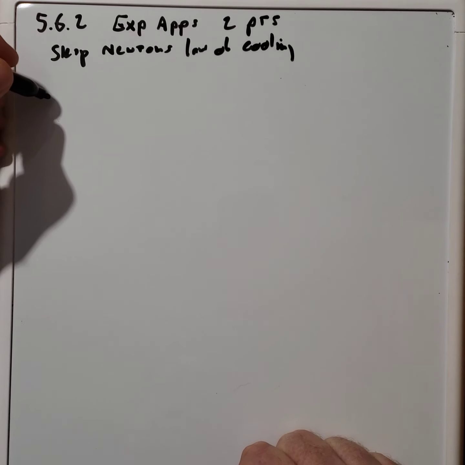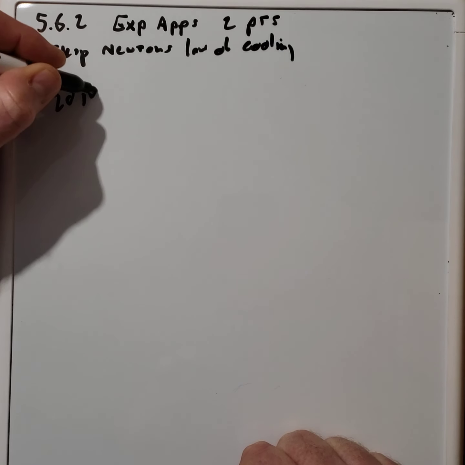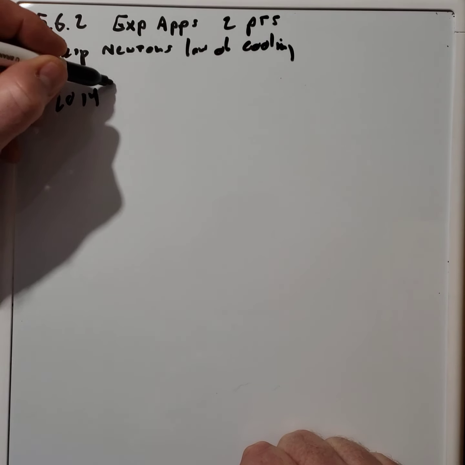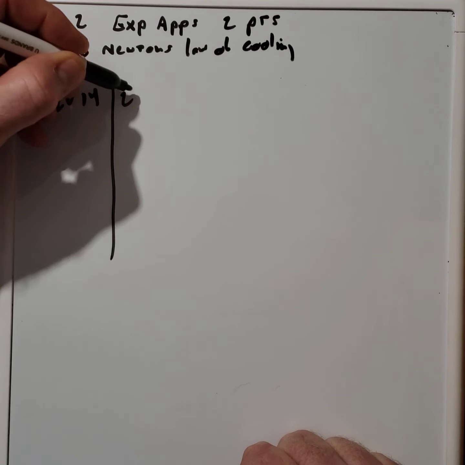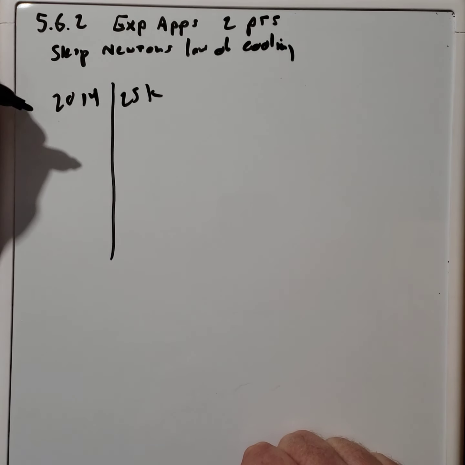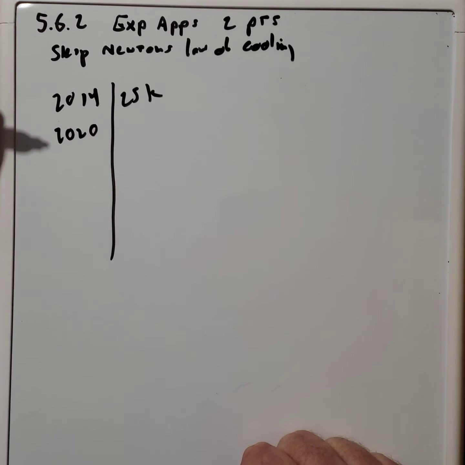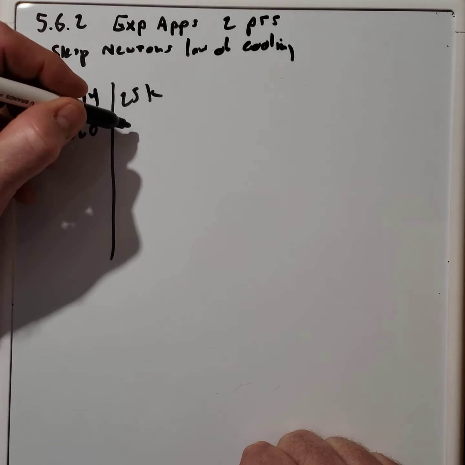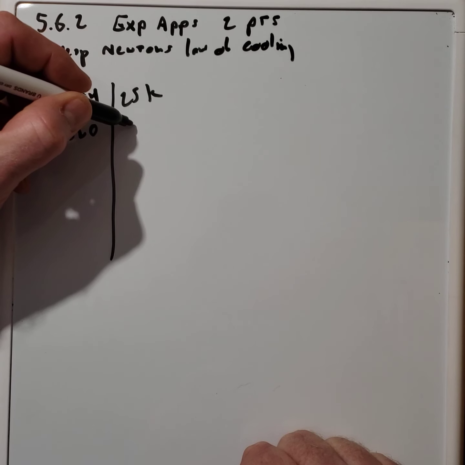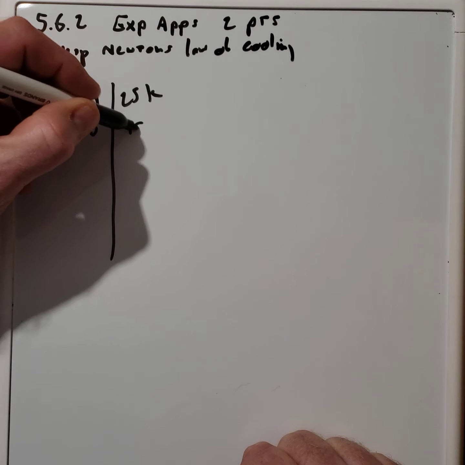Let's say that in 2014, we bought a car for $25,000. And let's say that today, we still got that car and it's worth, let's say, $10,000.